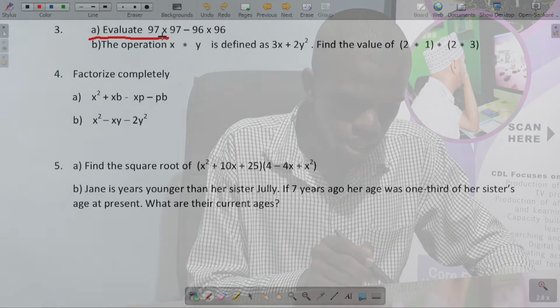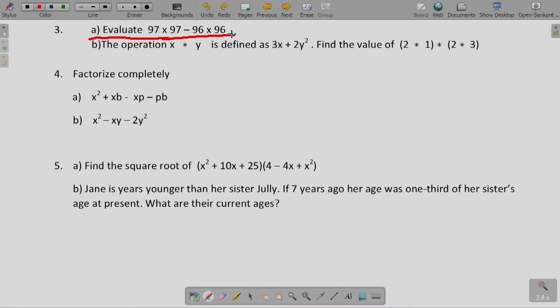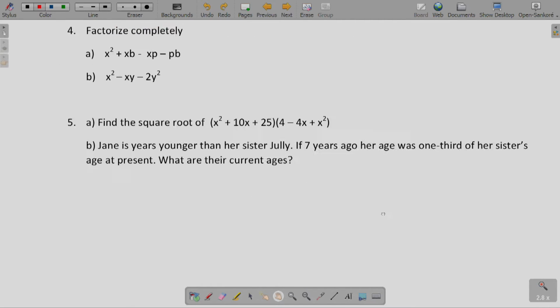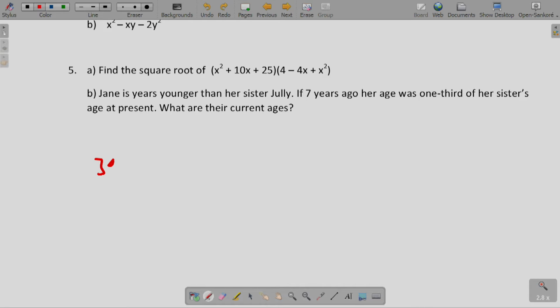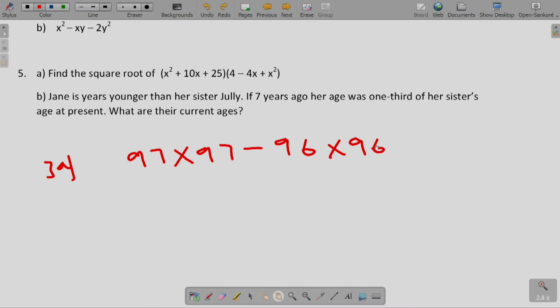Evaluate 97 times 97 minus 96 times 96. So let's evaluate. Simply here we can use difference of 2 square to evaluate its value. So this is equal to 97 square minus 96 square.